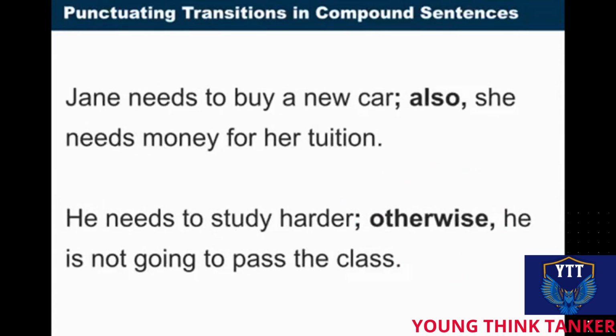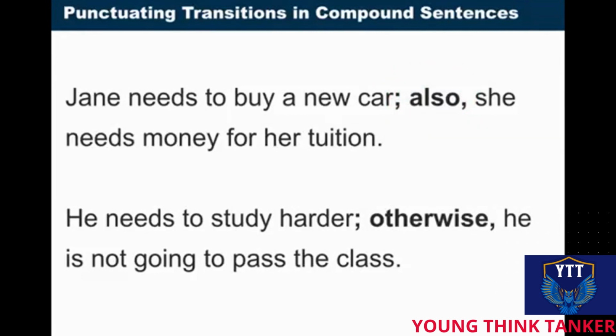Let's look at a couple more examples. Jane needs to buy a new car. Also, she needs money for her tuition. Also is another transition word, and it's joining two sentences, so we put a semicolon in front of it and a comma after it. Look at the next one.